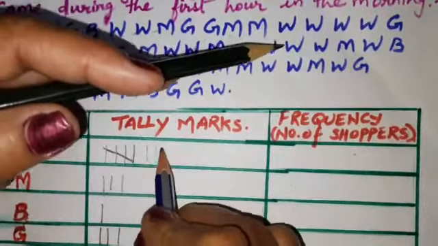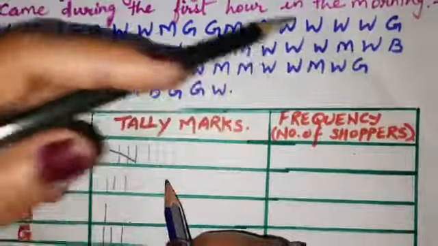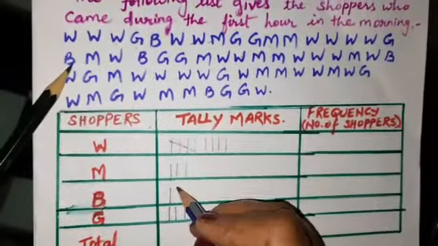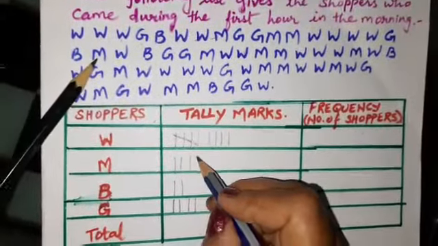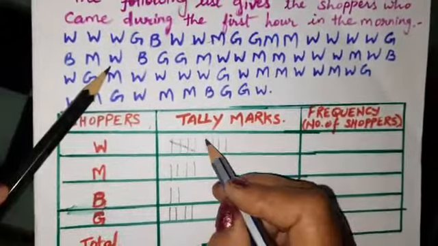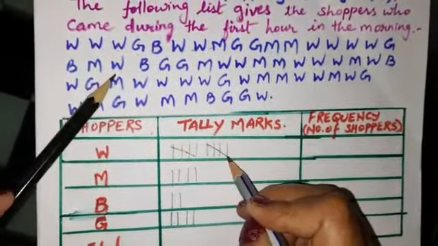So W, then G again, G, then B, then M, W. Again 4 are over, so we'll put the fifth line like this.